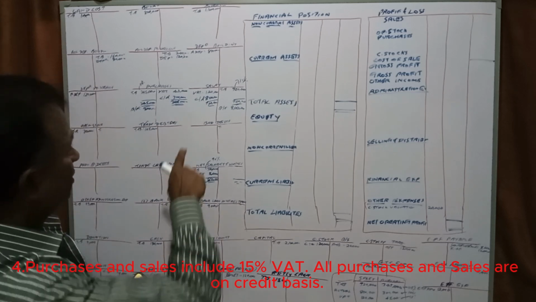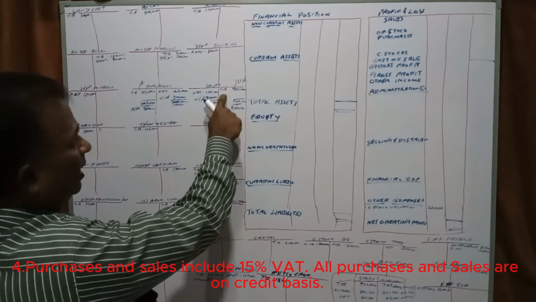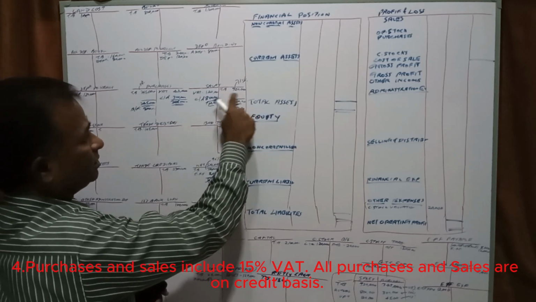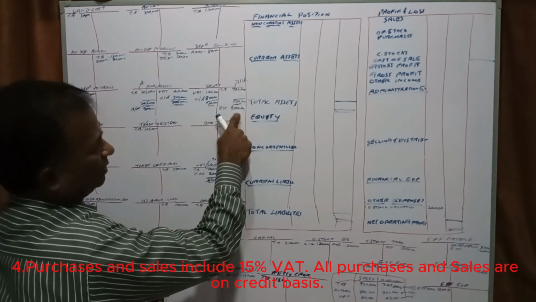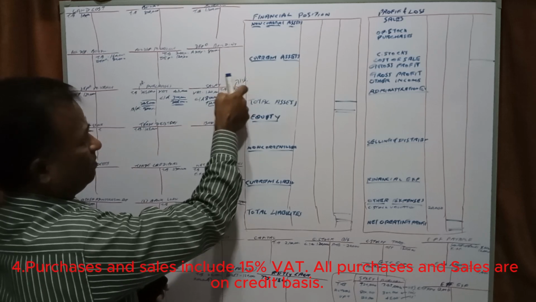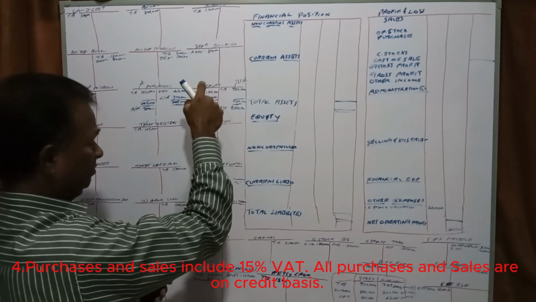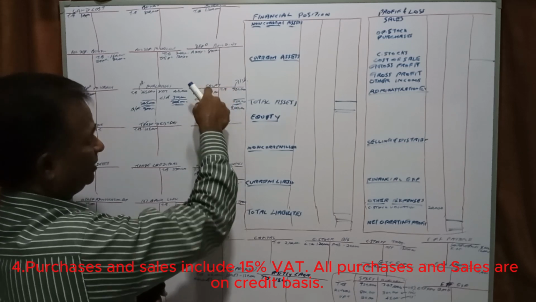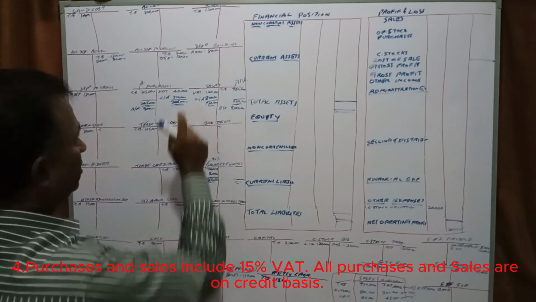So from the sales account as per trial balance, 920,000, we are removing the VAT portion of 120,000. Actual sales should be 800,000. We transfer 120,000 to the VAT payable account, sales account debit.